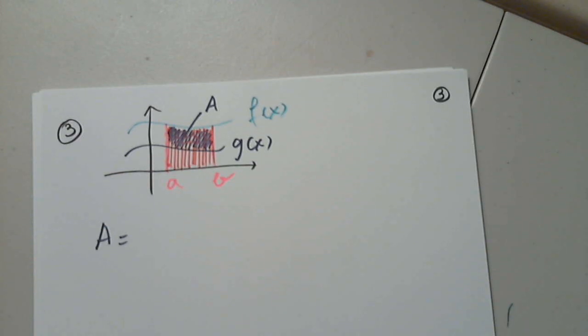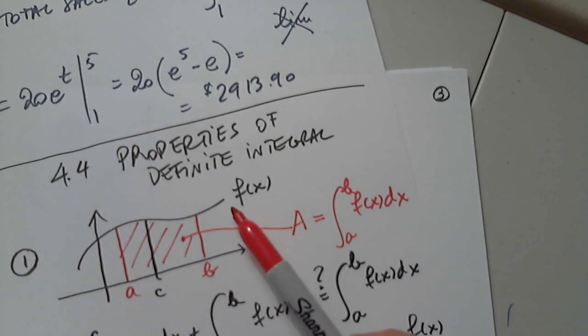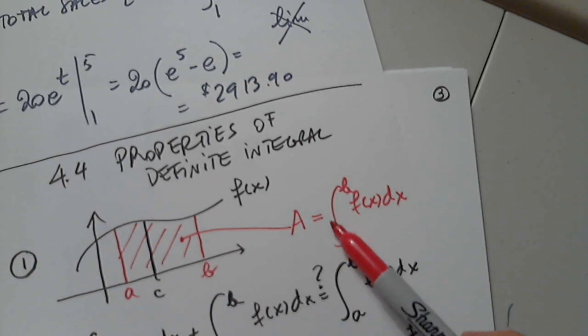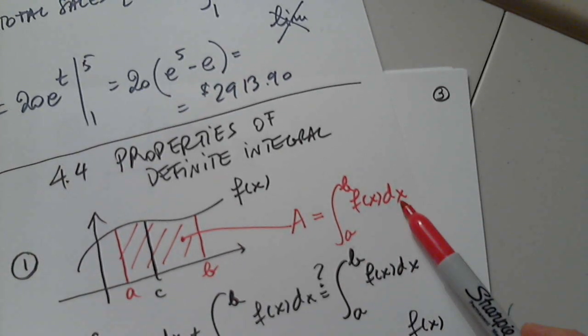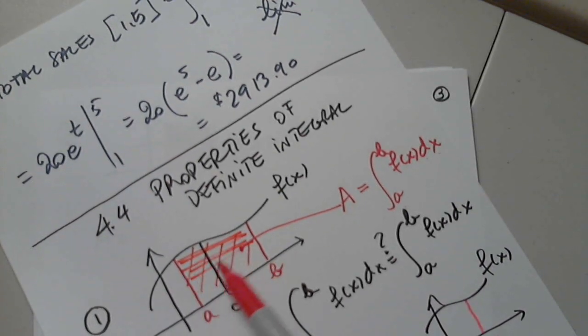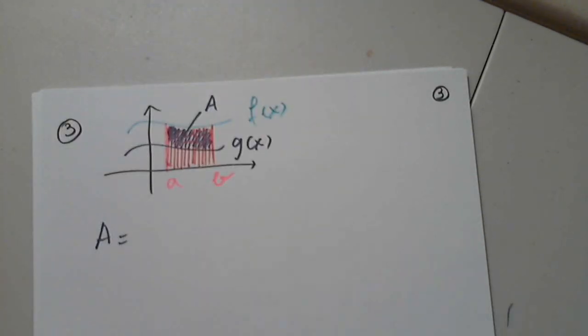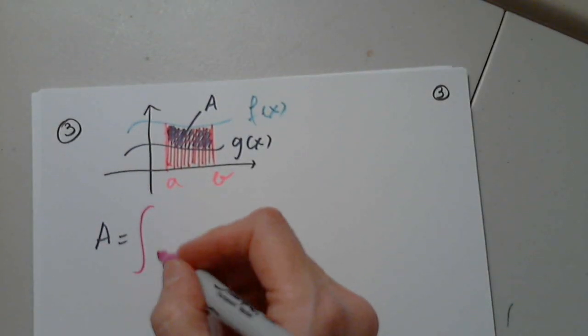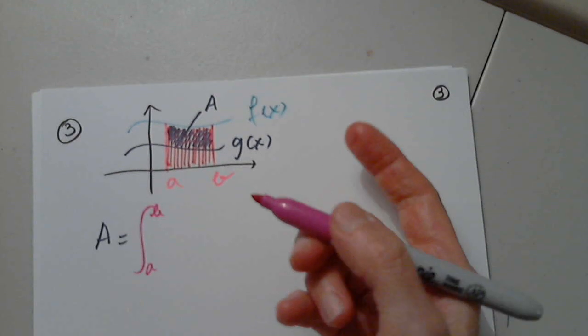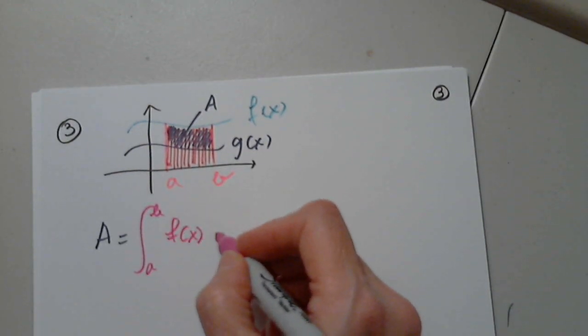How did we write here the area under f of x? We said it is the definite integral from a to b from f of x dx. This is the entire area. How will I write it here? The definite integral of a to b from f of x dx.